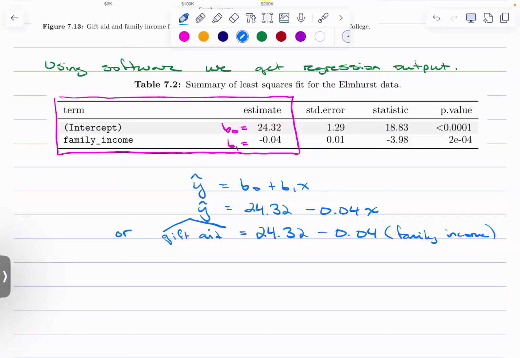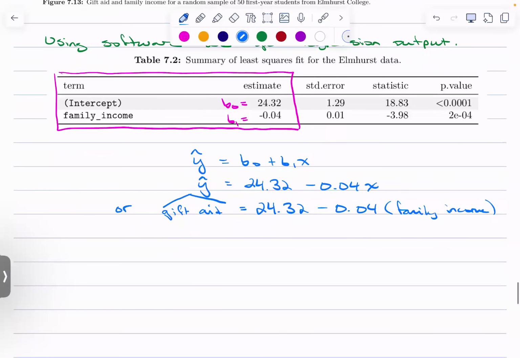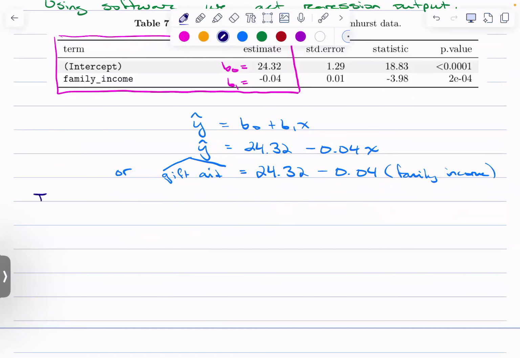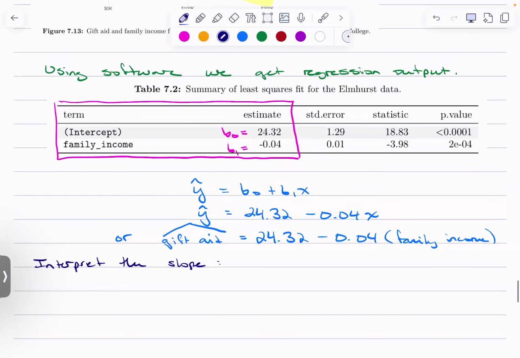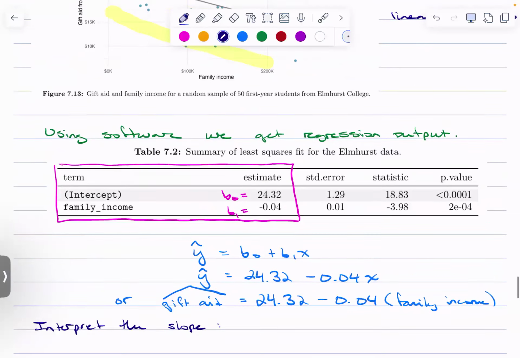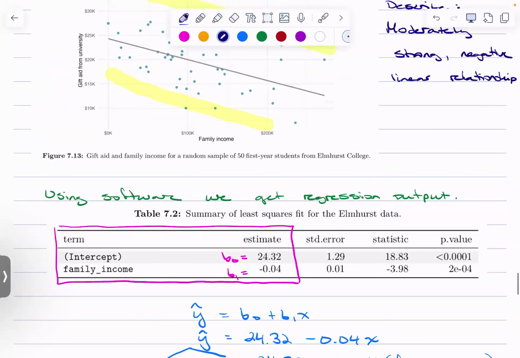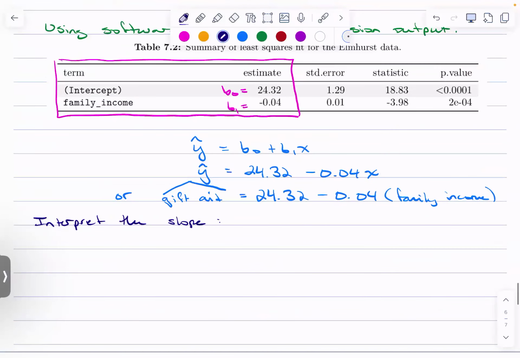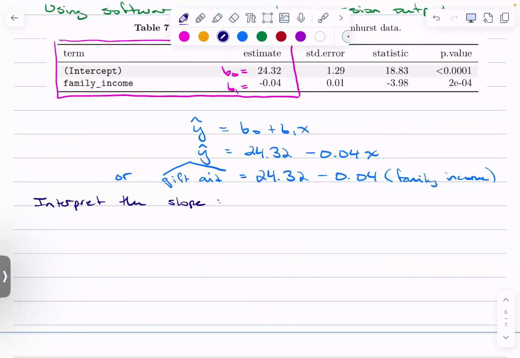You can interpret the slope. You can interpret the intercept. Now this is in thousands, I'm pretty sure. But let's just ignore units for now.